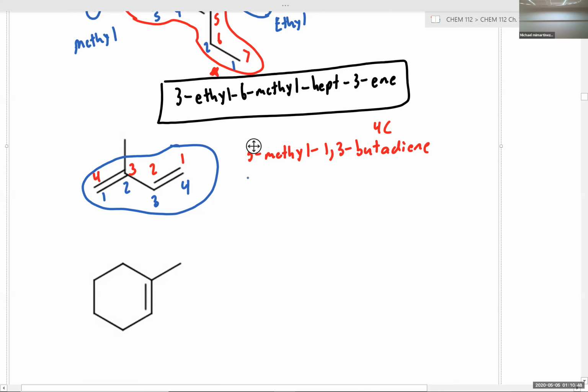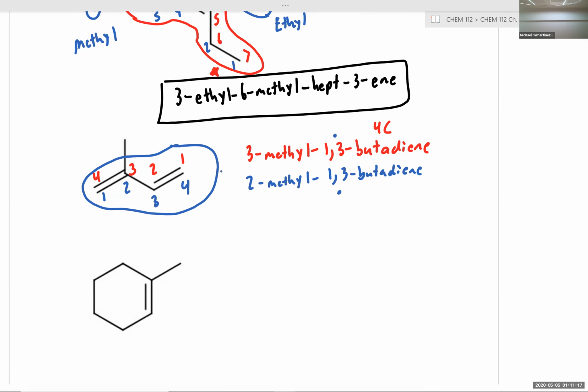In blue, we have 2-methyl, 1,3-butadiene. Which of these naming conventions is preferred, red or blue? So we have a tie between our alkene numbers. So now we look at our substituents and which naming convention, red or blue, gives us the lowest substituent numbers. Right? So the blue name is preferred.